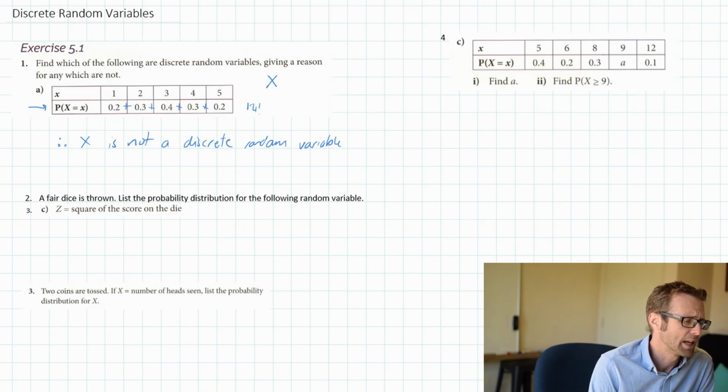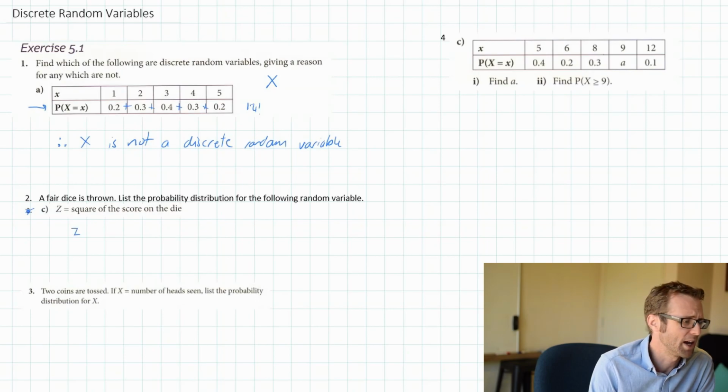Okay, the next one, number 2. I've got this fair dice that I've thrown, and I have to list the probability distribution for the following random variable. Z is the square of the score on a dice. So I would set up little z here, and what are my options?